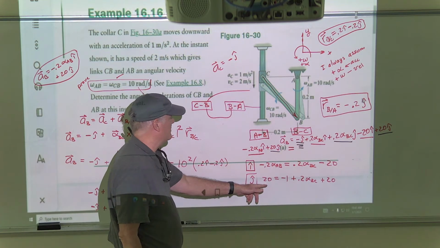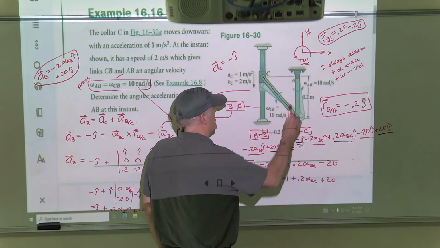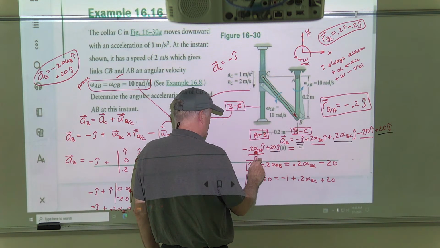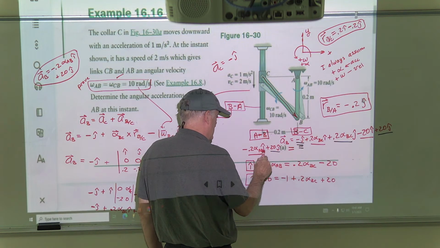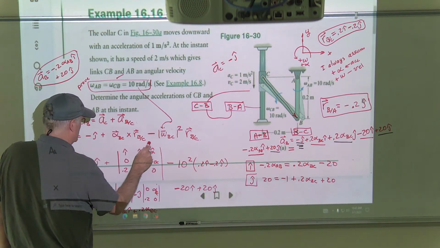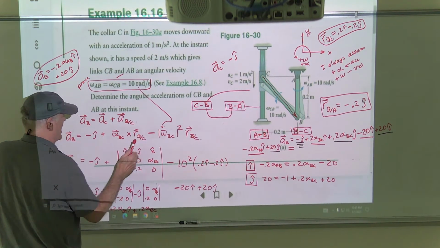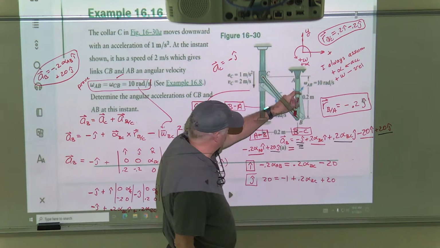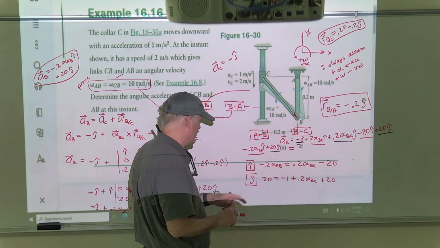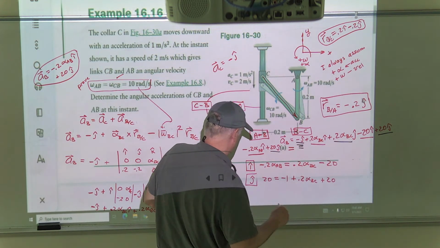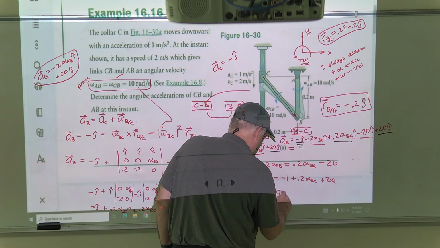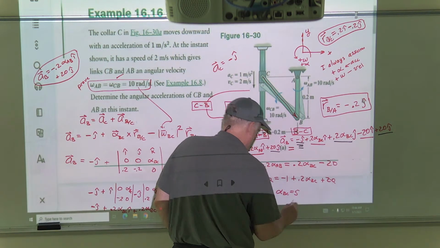The fact that that link is straight down means that if I tilted it off, I'd have another component associated with the alpha AB. You notice the alpha AB is because of this term and the fact that that vector was straight down meant the tangential acceleration only moved in the x direction. There wasn't a y component. So it simplified this part. So I think I can get rid of that and that. I can move that over, and I can get alpha BC equal to 5.